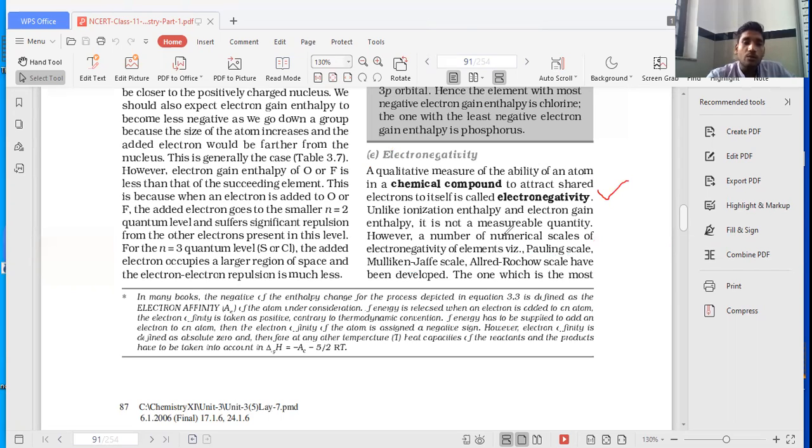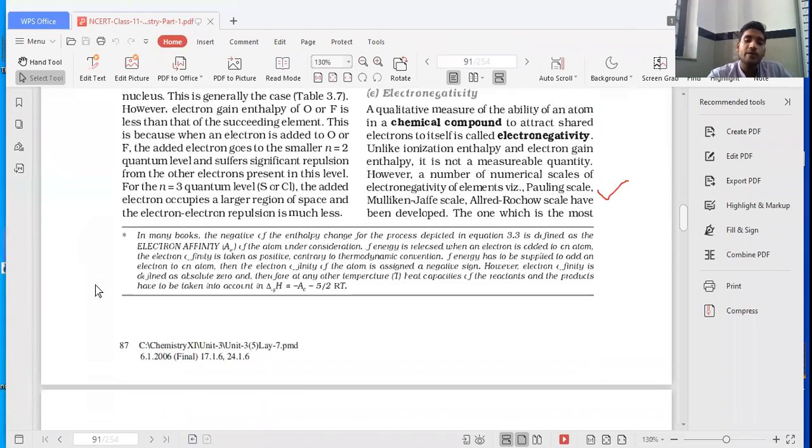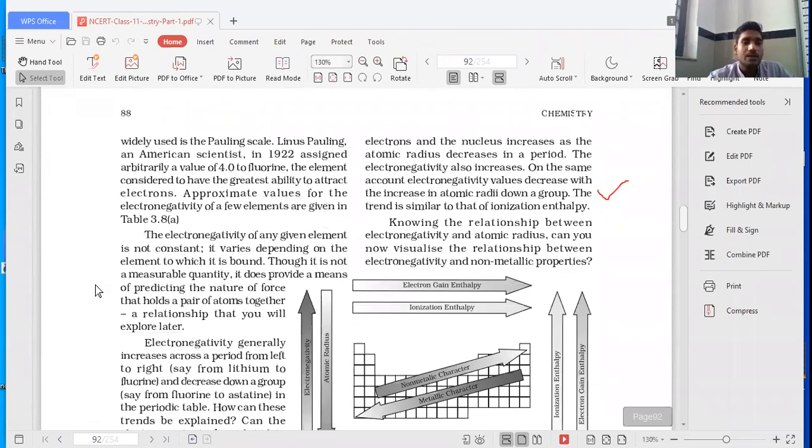The most popular and most important for you is the Pauling scale. Linus Pauling, an American scientist, in 1922 arbitrarily assigned the value 4 to fluorine, okay? The element considered to have the greatest ability to attract electrons.